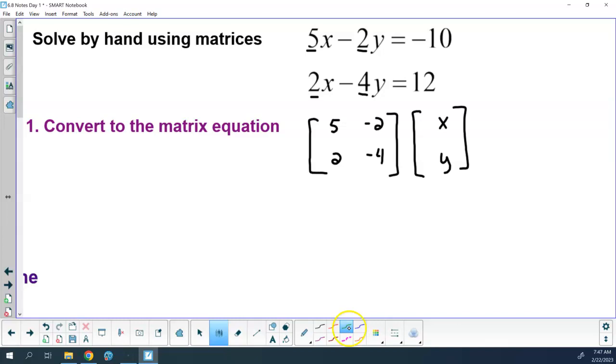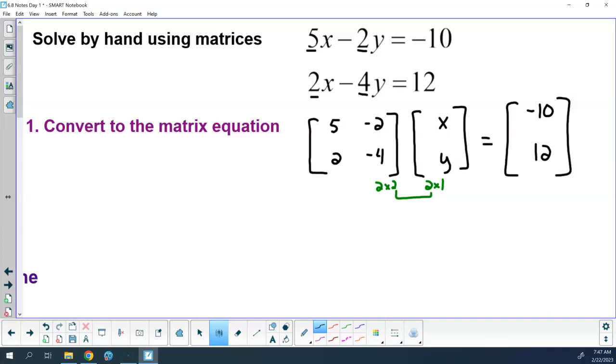Now, if you'll notice, this is a 2 by 2 matrix. This is a 2 by 1 matrix. When I multiply those two together, I get a 2 by 1 matrix. Well, that 2 by 1 matrix that I'm going to get is the numbers. And so it's legal.